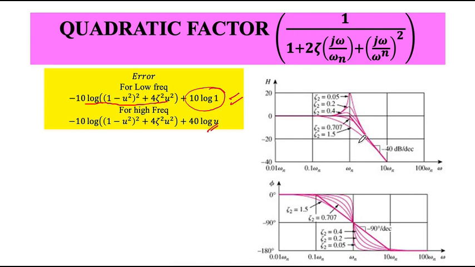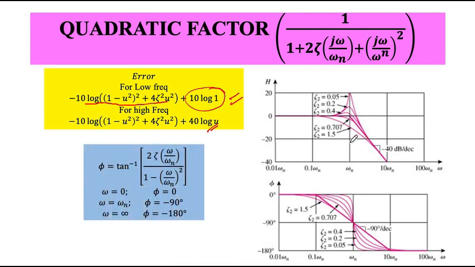Just before that, how would the angle look? The phase angle is phi equals tan inverse of 2 zeta omega by omega n divided by 1 minus omega by omega n whole square. When omega is equal to 0, phi is 0. When omega is equal to omega n, phi is minus 90 degrees. When omega approaches infinity, the angle approaches minus 180 degrees.